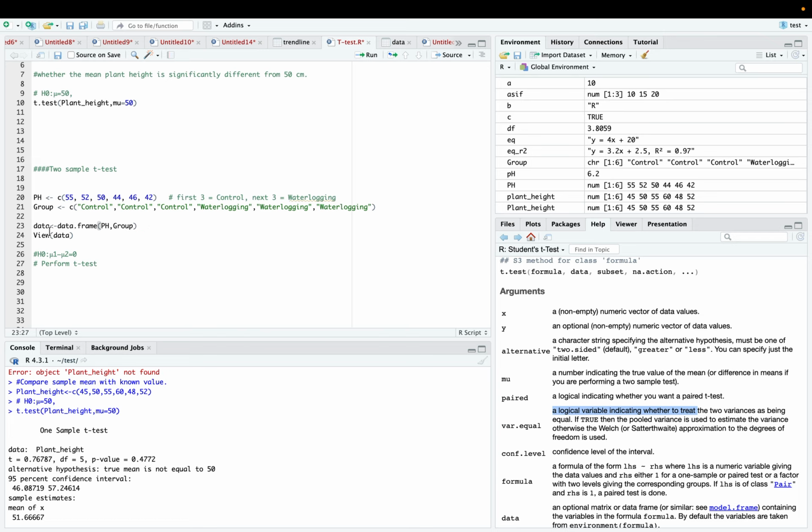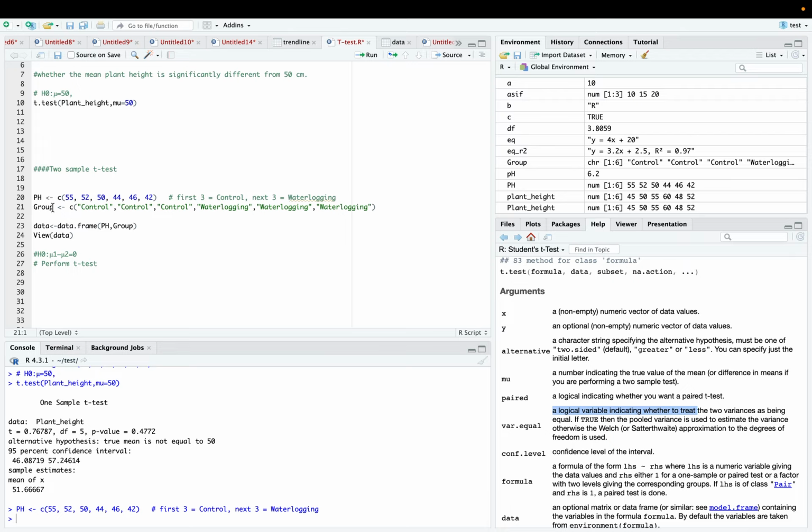So data will be data dot frame. We want to organize this so that plant height is dependent, and group, that is our treatment group, will be independent. That's why I arranged it in this way. I'm showing it, plant height and then group.